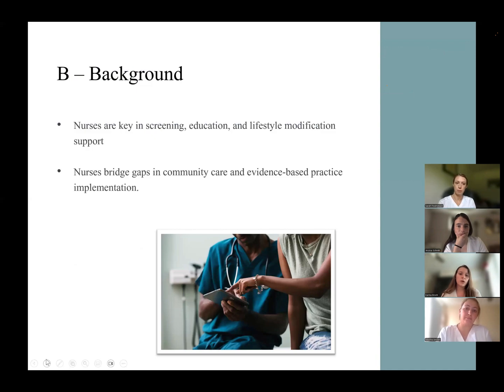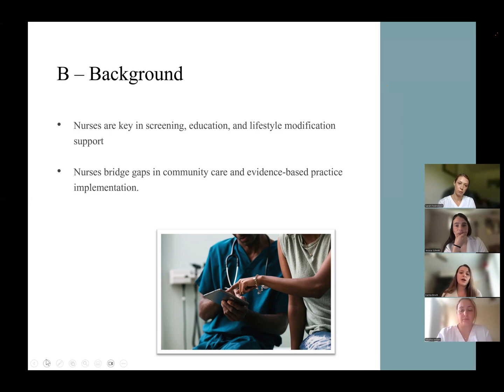And what can we do as nursing students about this? Nurses are key for screening, for educating those patients, and for lifestyle modification support. So, giving those educations, giving those pamphlets about the DASH diet, the diets that are important for these populations to decrease the risk factors of getting hypertension or to control the hypertension.